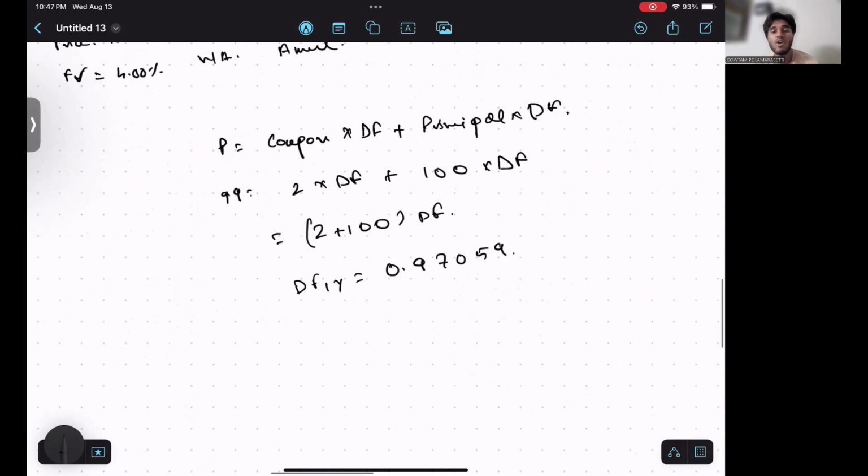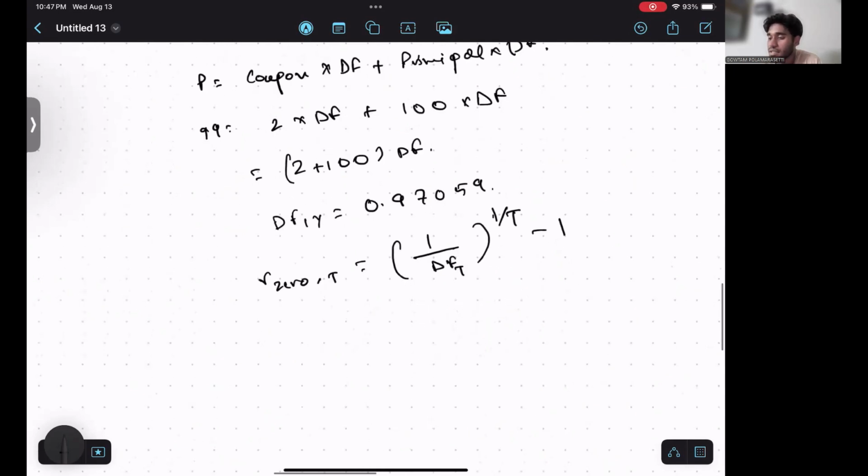Now, the formula for the zero rate from the discount factor can be given as R0 at time t is equal to (1 / DF at time t) to the power of 1/t, minus 1.